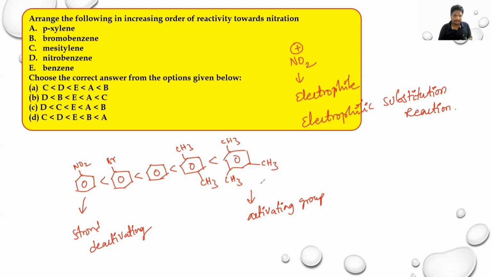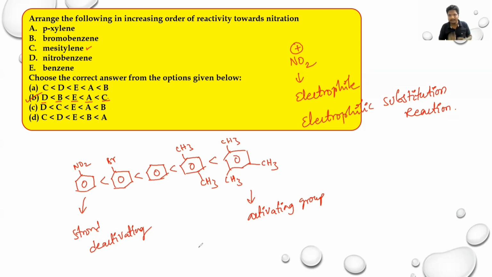If you observe the options, mesitylene is C, so C is the most reactive, then A is paraxylene, E is benzene, then bromobenzene and nitrobenzene. So the correct option is B. Are you getting my point?